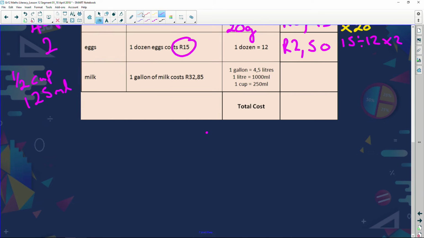So what I'm going to do now is this. I go to the shop and it says, hey, 1 gallon of milk costs 32 Rand 85. Now, please understand, I buy gallons of milk when I'm in the United States. So I'm in America and I don't need a gallon of milk. I actually only need 125 mils.